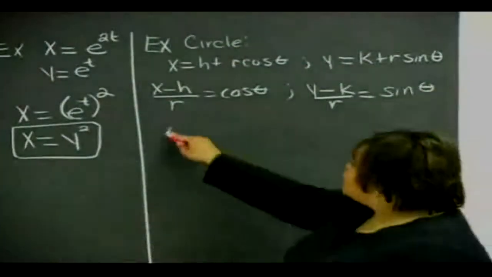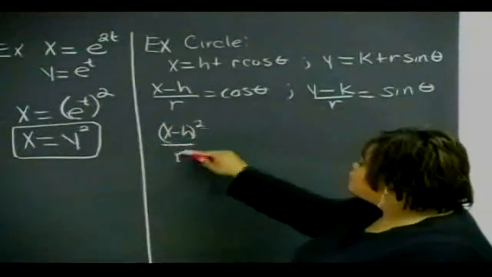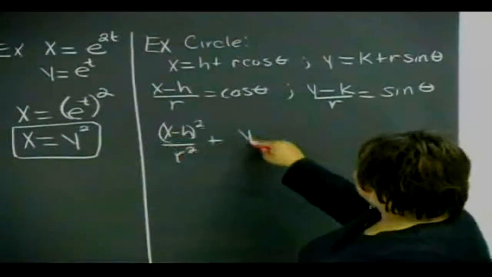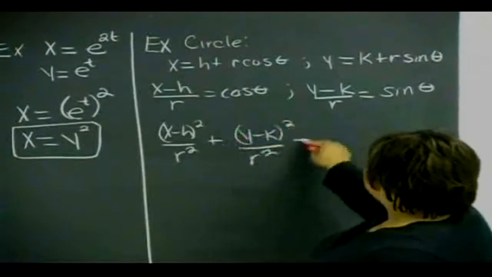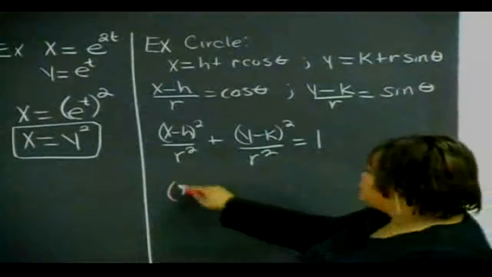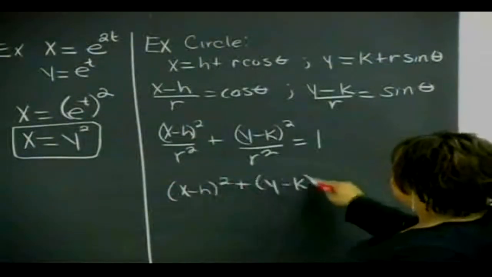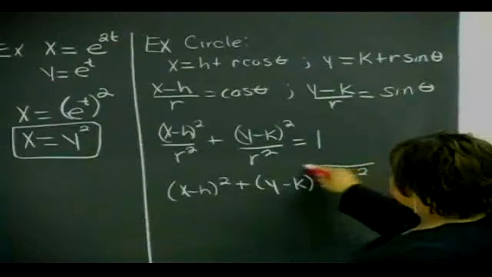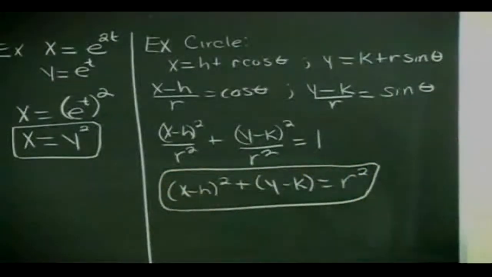So if I do my cosine squared theta plus my sine squared theta, I get (x minus h) squared over r squared plus (y minus k) squared over r squared equals 1. Then I can get to the standard form for this circle by multiplying everything by what? r squared. And that is standard form for a circle.